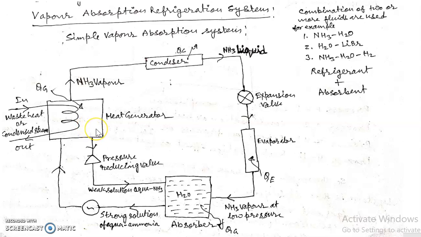This weak solution of aqua ammonia is passed through a pressure reducing valve, which reduces its pressure, and it is returned back to the absorber. In this way this cycle continues and we get the refrigeration effect in the evaporator.